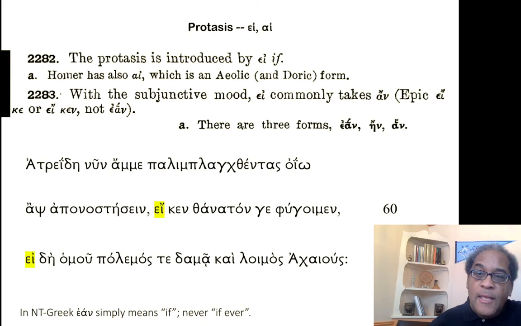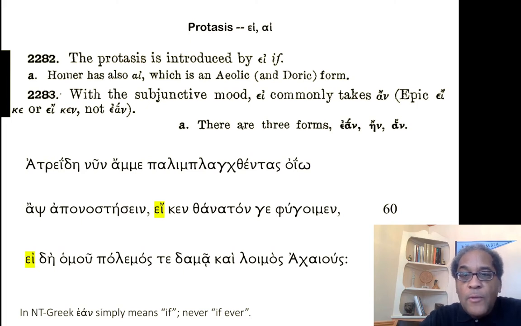Now, in Attic Greek, there are three different forms of ἐάν, depending on contraction: ἐάν, ἤν, or ἄν. You can see any one of these three forms, and one just has to get used to them. In New Testament Greek, however, ἐάν only means quite simply "if," never "if ever," because by the time you get to the later Greek of the New Testament, all these fancy subtleties and variations that I'm treating here have pretty much disappeared.